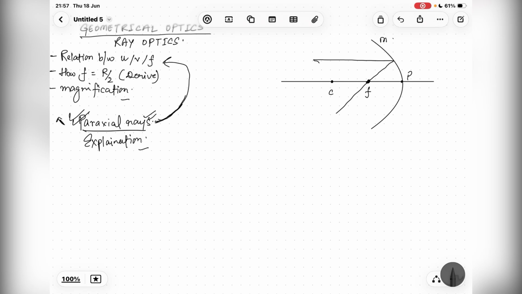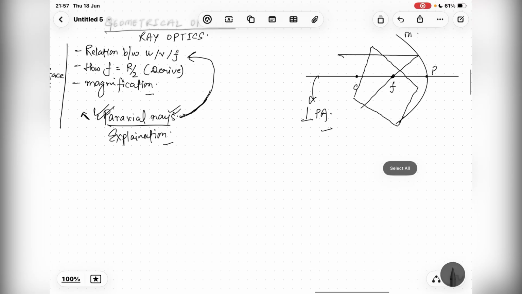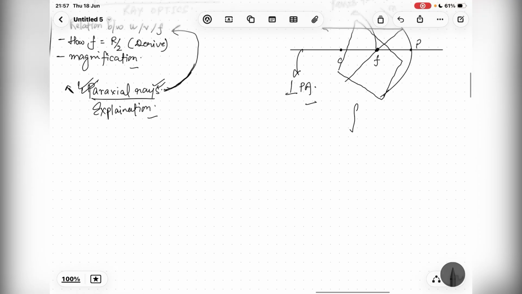So this plane which is perpendicular to the principal axis and passes through the focus point is called the focal plane.